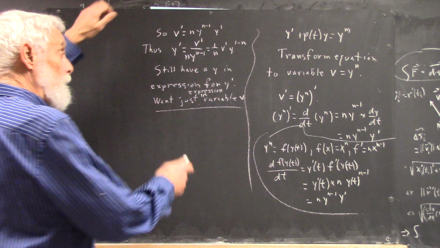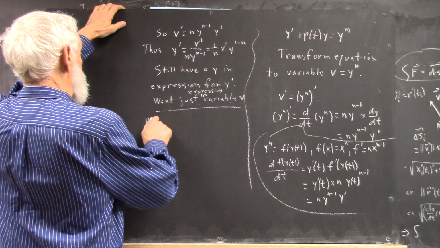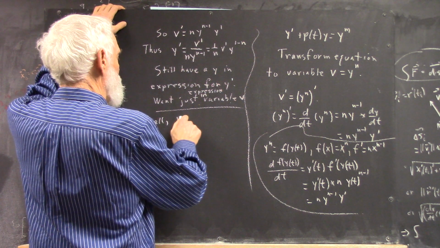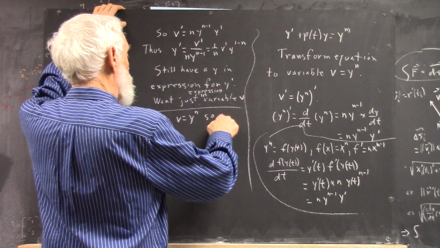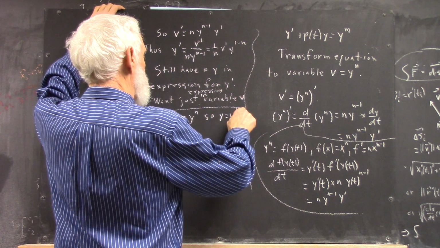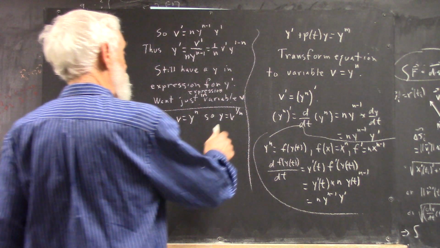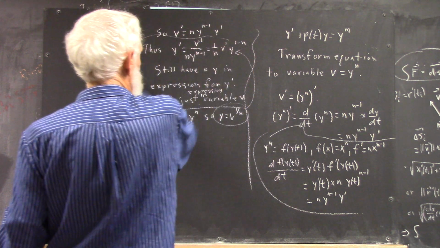So, very good. So v equals y to the n, so y equals v to the 1 over n, right? And we take that and plug it in for y here, and what do we get?